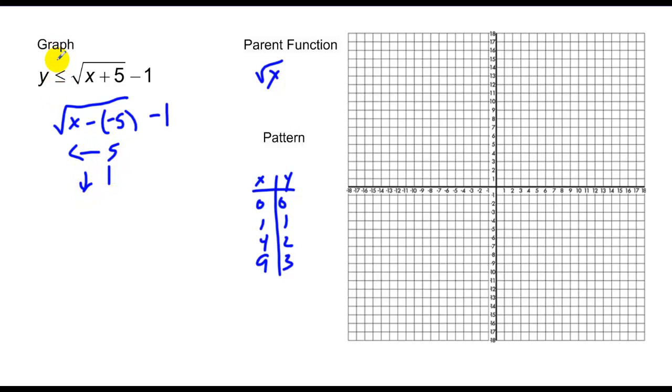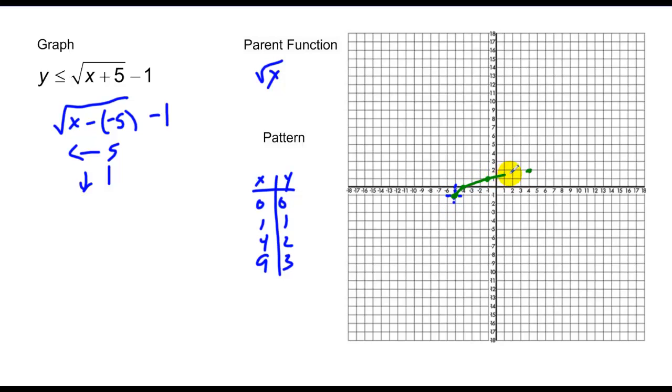And you'll notice this time we have an inequality. We'll deal with that in a minute. So if I go back 5, down 1, put my little crosshairs there, we're going to graph the pattern from that. So here's 0, 0, 1, 1, 4, 2, 9, 3.